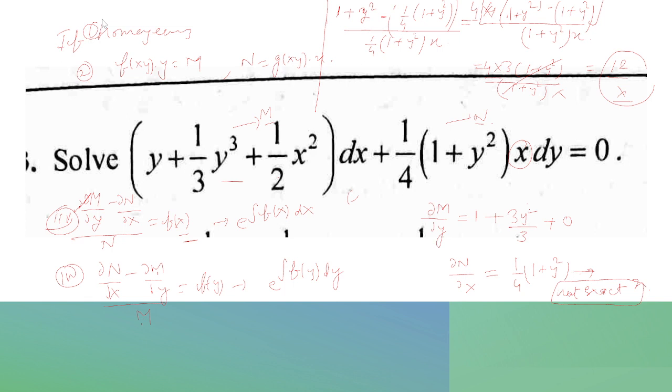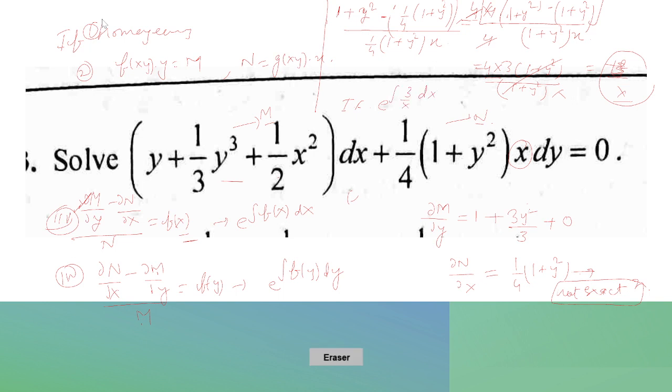Del M by del y minus del N by del x divided by N. Yeah, when we take LCM, there is a 4. So 4 cancels out with 4, and we get 3 by x. Then what is the integrating factor? It is e raised to power integral of 3 by x dx.